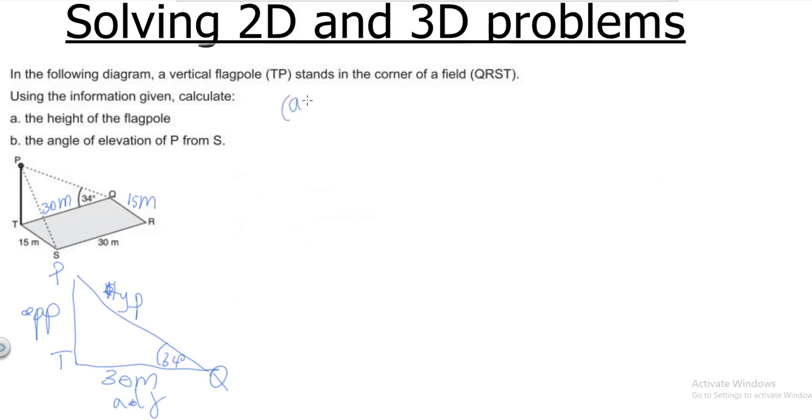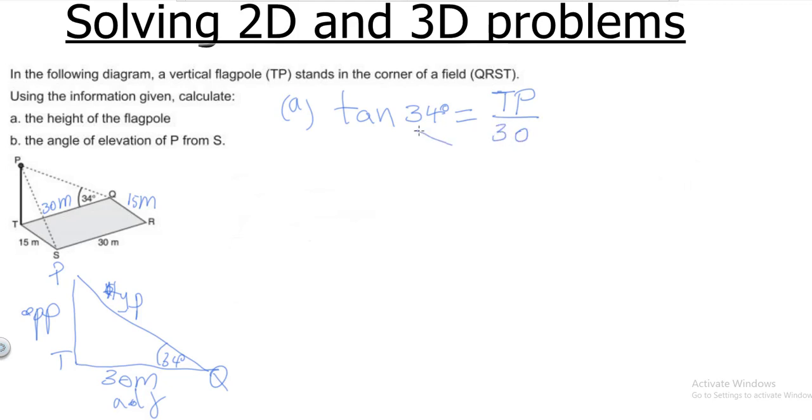So question A, we are going to say tangent of an angle 34 degrees equals opposite over adjacent. Our opposite is represented by TP, and our adjacent is 30 meter.